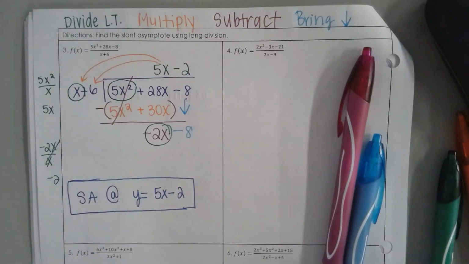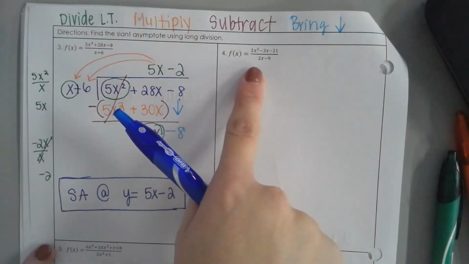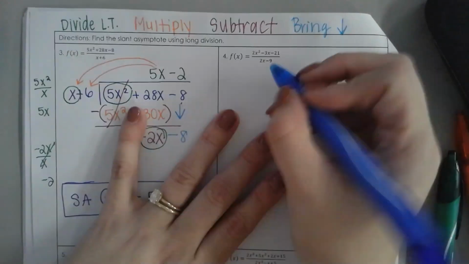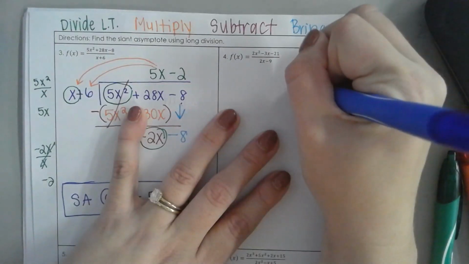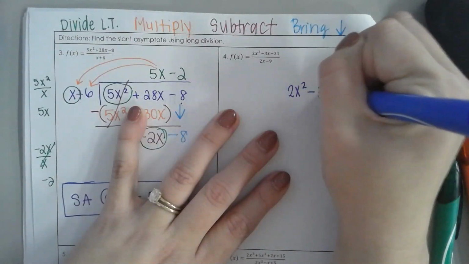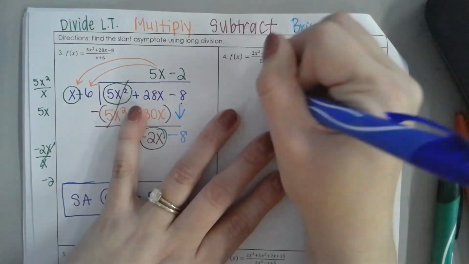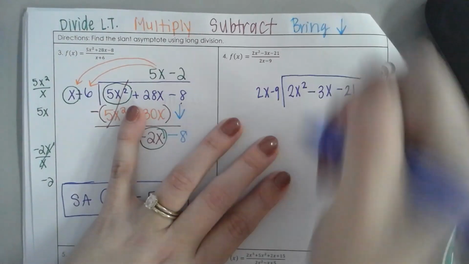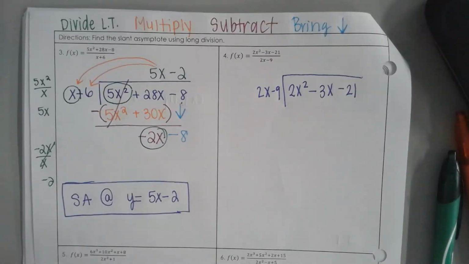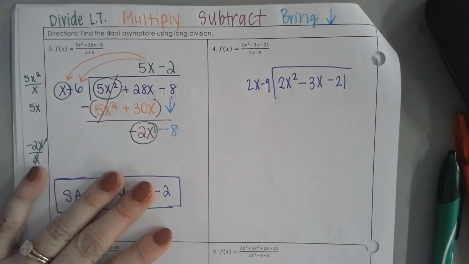This one's a little different because it's not just x, it's 2x. So we take that leading term divided by that leading term, which would give us x, right? Alright, so set it up.